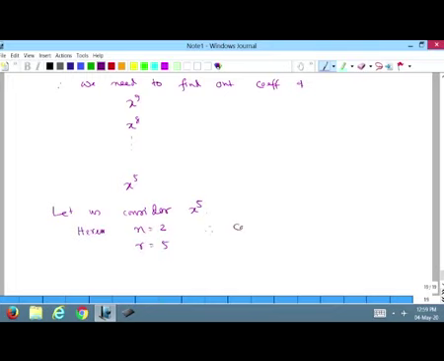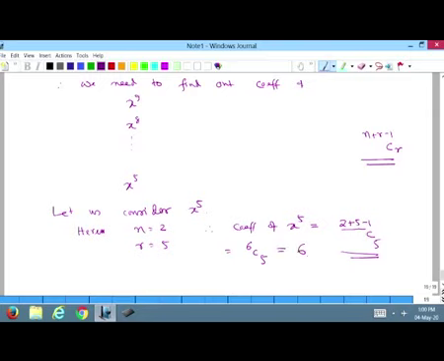Therefore, the coefficient of x to the power 5 is 2 plus 5 minus 1 C 5, because our formula is n plus r minus 1 C r, which is 7 minus 1, that is 6 C 5, which is equal to 6.